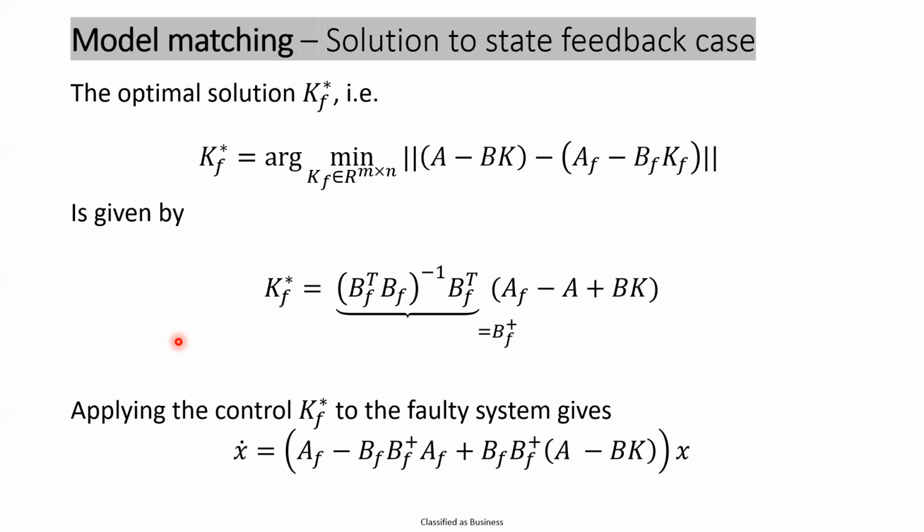So the idea is, when a fault happens, try to achieve the same result as we had, or at least similar results to the fault-free case if the same is not achievable. We don't want to spend time to redesign the controller for the faulty case.